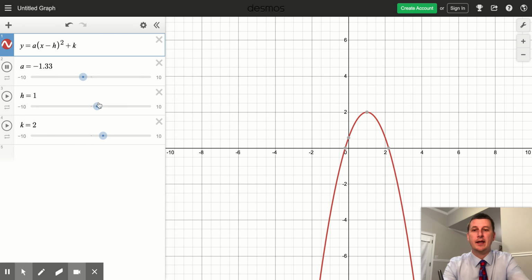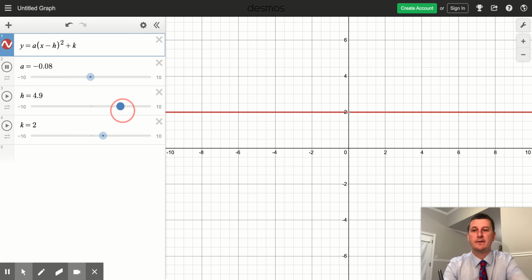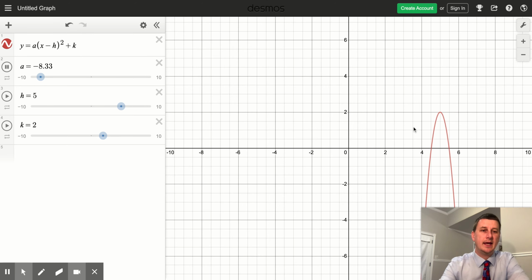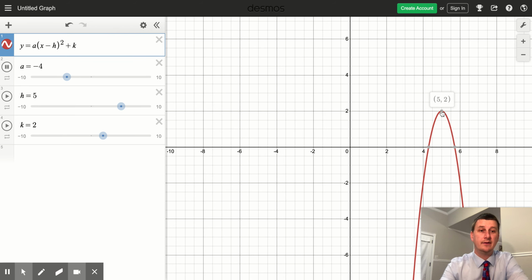Now, if I take that h and make it maybe like a 5, let's make it 5, you'll see that our vertex is now at 5, 2. When h is 5 and k is 2, your vertex is 5, 2.